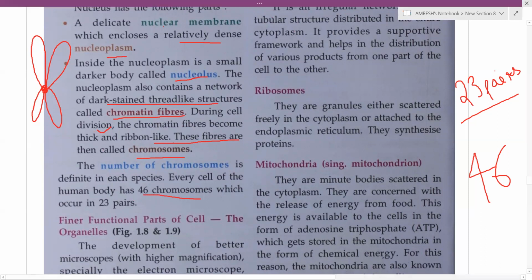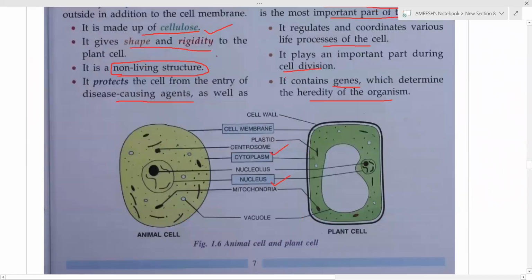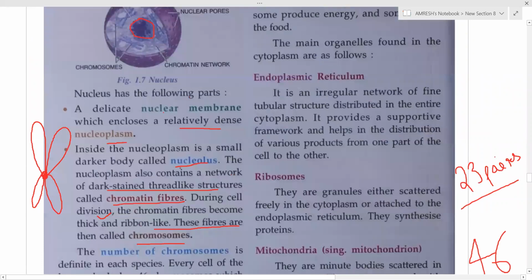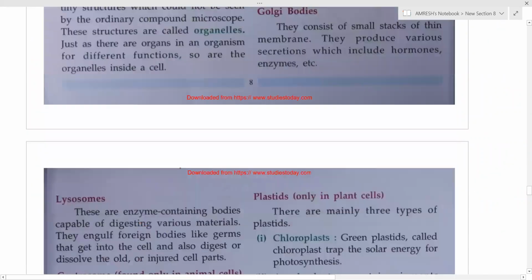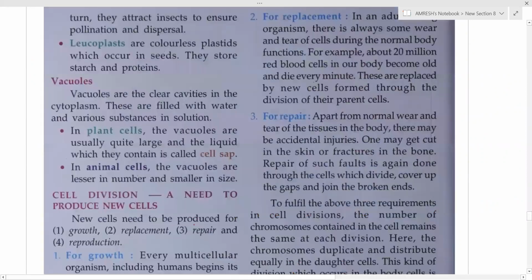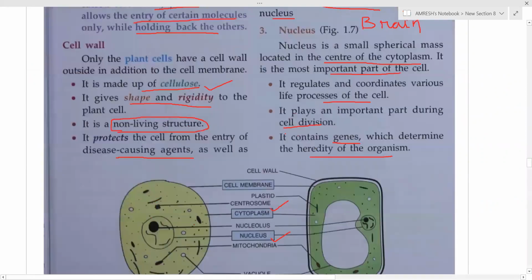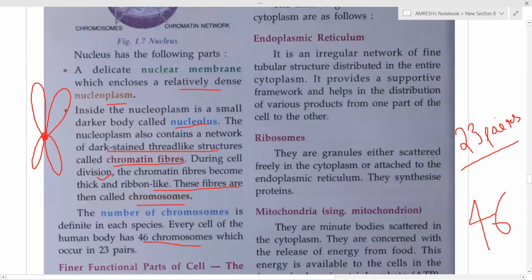Now, the next part is your diagram. You have to draw the diagram yourself. After the completion of every part, I will draw the diagram of the animal cell. The plant cell you have to do at your home. In the next class, we will learn about the other minute parts of the cell.